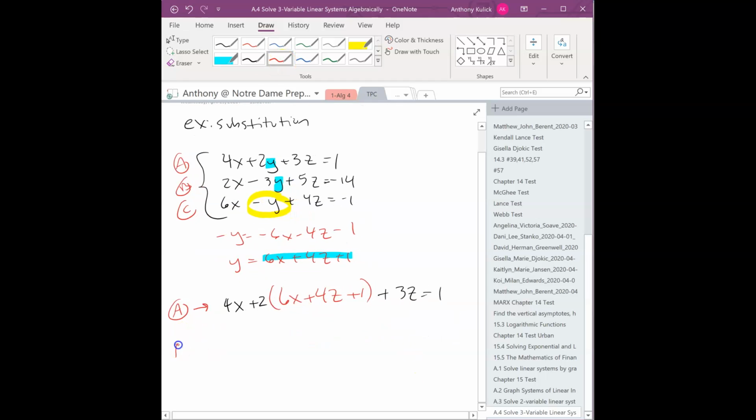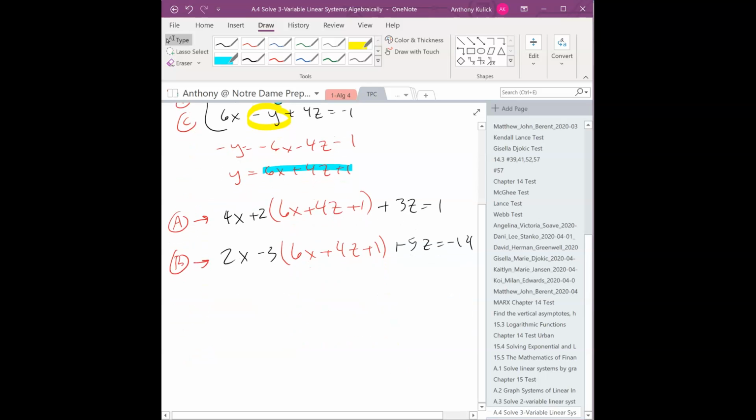And my new equation for B then is going to be 2x minus 3, and then instead of y, I'm going to write 6x plus 4z plus 1. And then I just have the rest of equation B.